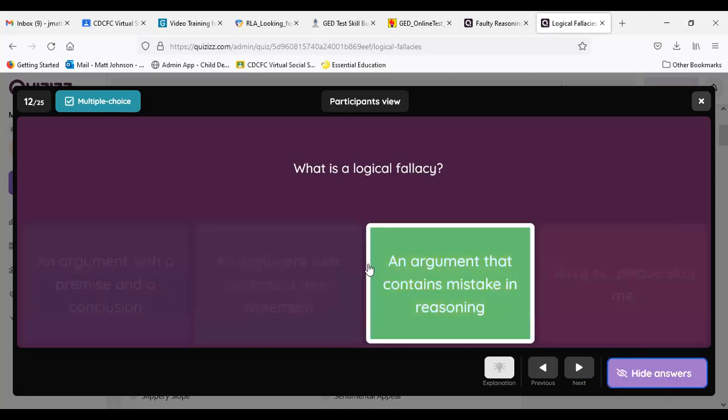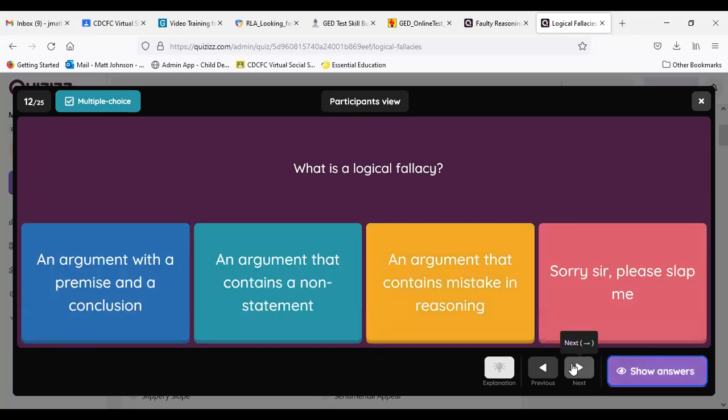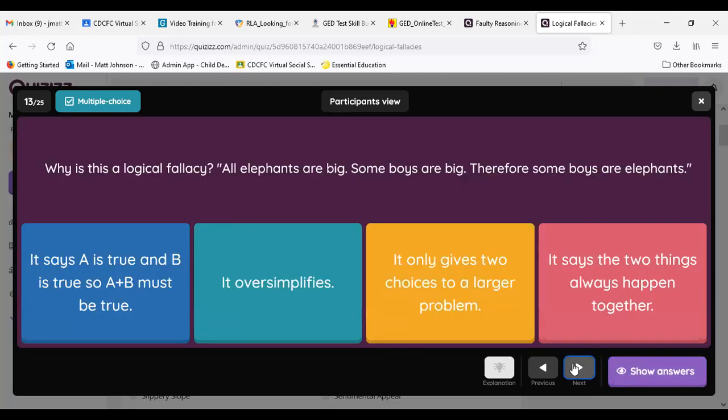Let's make sure our answer is correct. Yeah, so a logical fallacy is what we're talking about here. There's something illogical about it, or it lacks reasoning. It doesn't make sense. There's something fishy or questionable about it. That's a logical fallacy. All right, and Christiana, give that one a try.